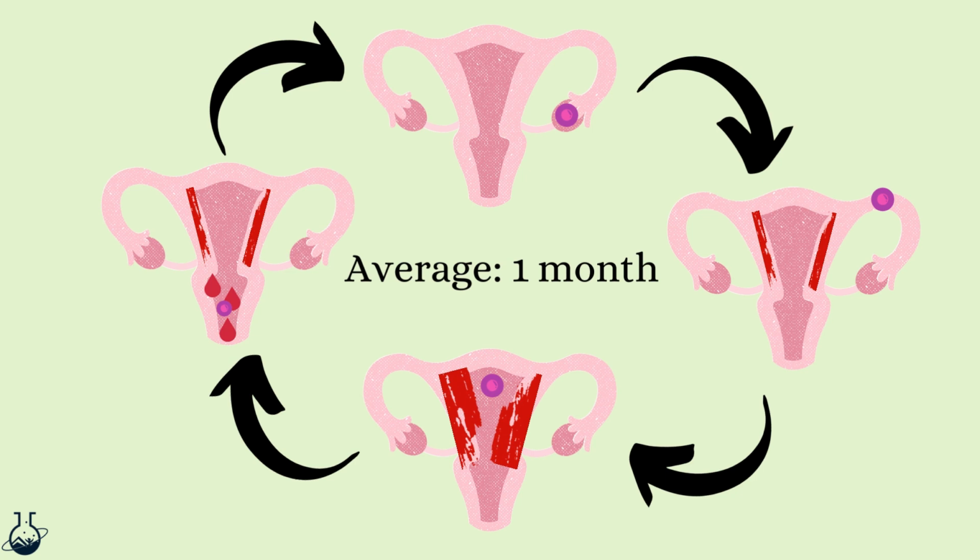This cycle, with these key phases together, lasts on average around 1 month. However, this varies greatly between individuals for a variety of reasons.